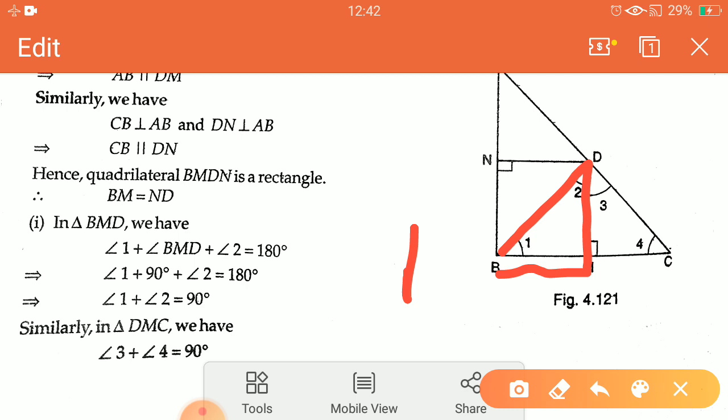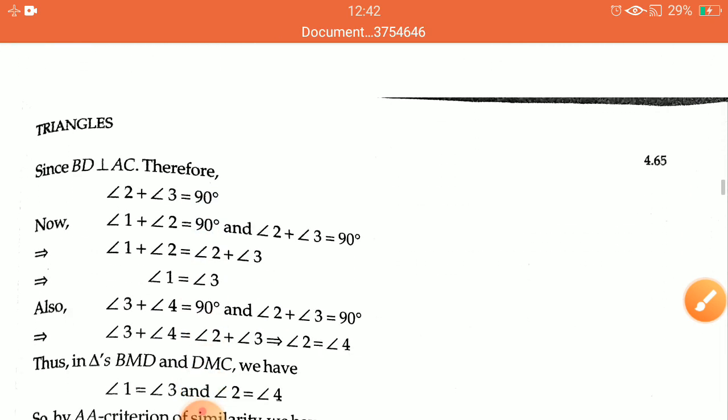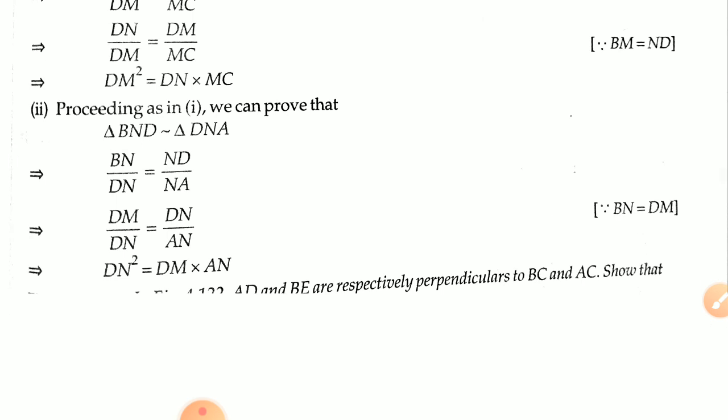If we consider these two triangles, they are similar, and therefore taking corresponding sides proportional we get BN upon DN is equal to DN upon NA.